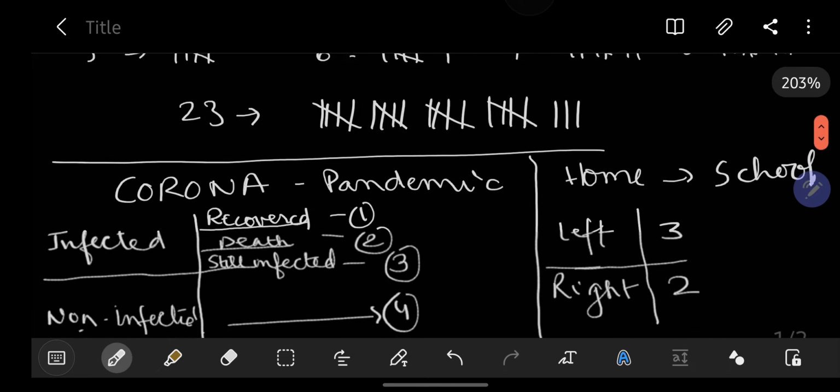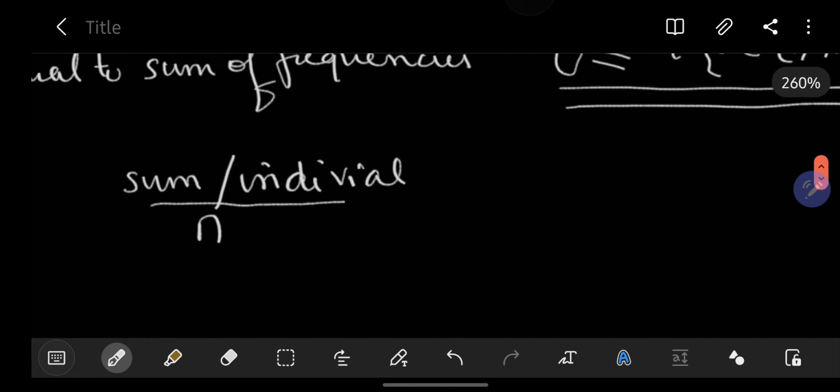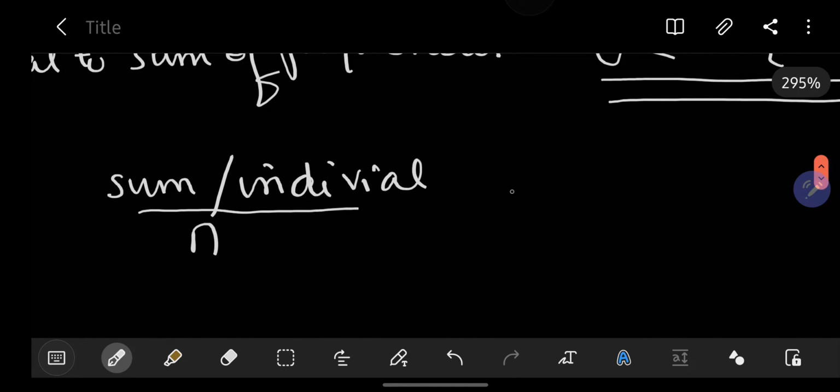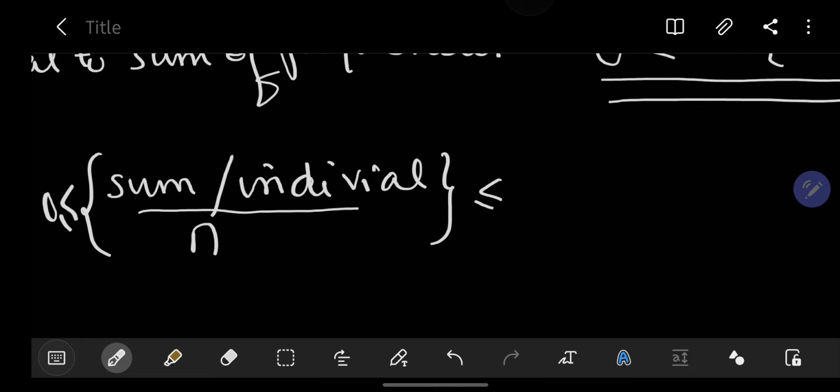So here what you will observe is that this will always be greater than or equal to 0, and less than or equal to 1.